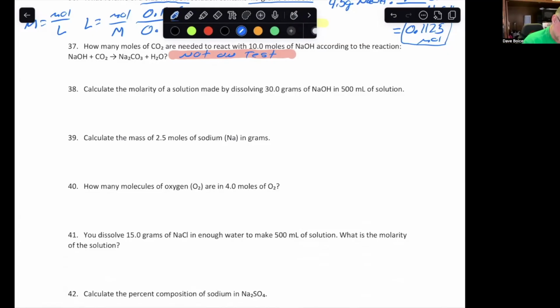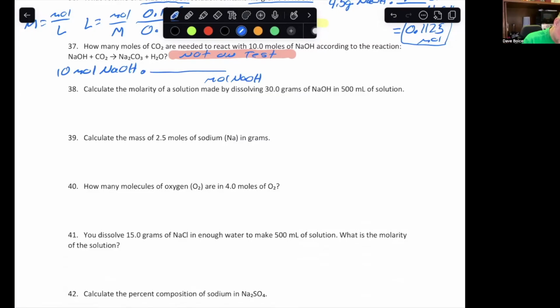So this is a balanced equation. So what I would do is start with my given measured quantity, which is 10 moles of NaOH. And I want to know how many moles of CO2 are needed to react.